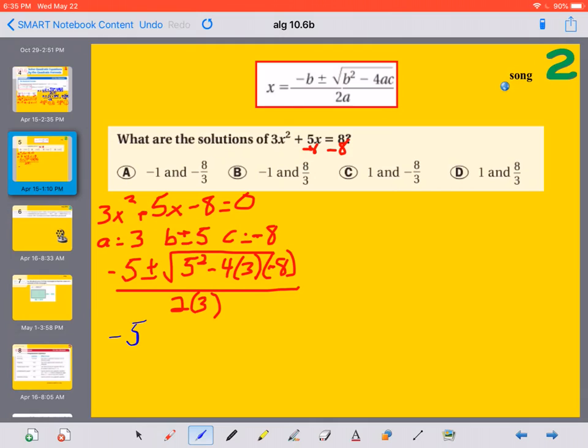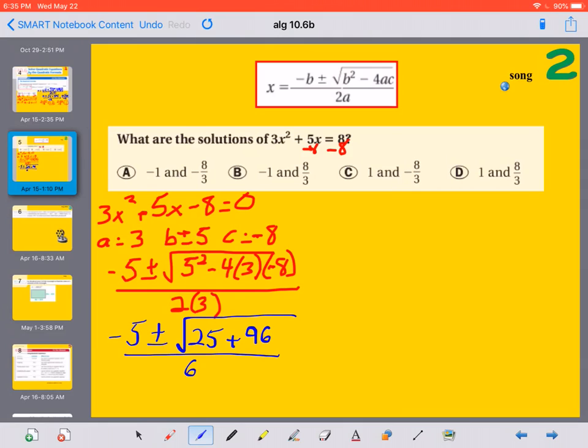So we'll have negative 5 plus or minus the square root of 25. Now, negative 4 times negative 8, that is 32. 32 times 3 is going to be 96.